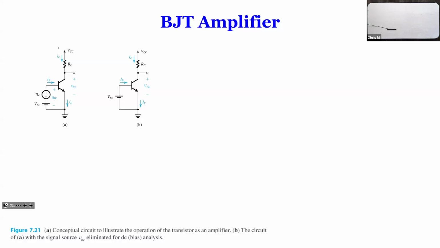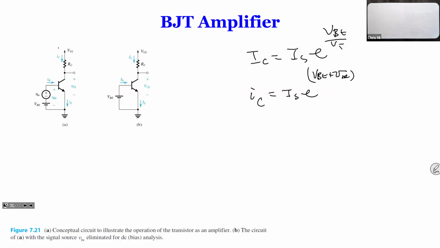We did the pi model already for BJTs, so I'm going to skip a couple of slides. I can recall what we did. We said IC equal to IS E to the power VB over VT, and then IC equal to IS E to the power VB plus beta VB over VT.